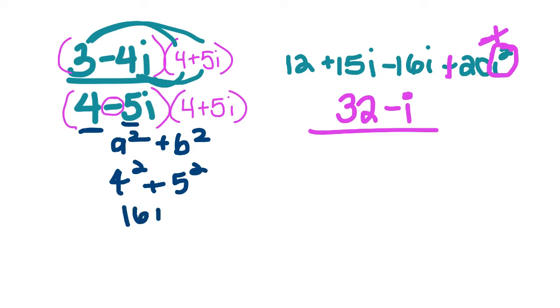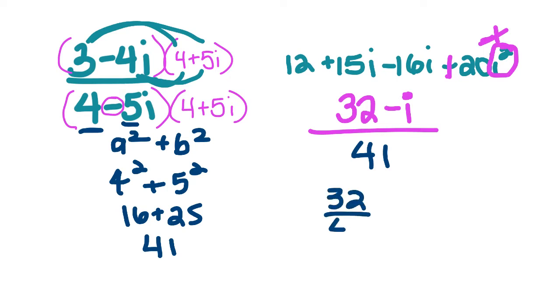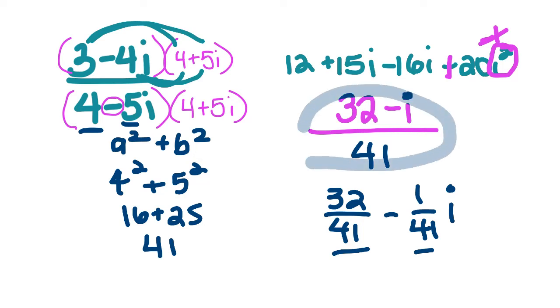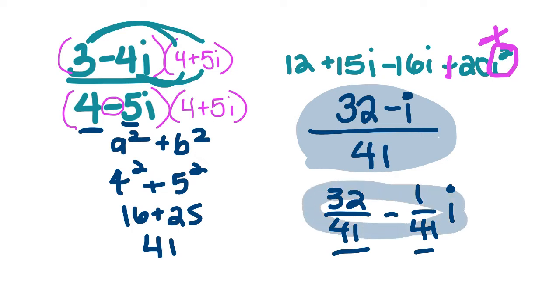So this is 16 plus 25, which is 41, and that goes in my denominator. If either part of this fraction can be reduced, so if I can split it, this would be 1 over 41i. If either of these parts can be reduced, then you have to split it. If not, I'll take either answer. So you can leave your answer like this, or you can split it.